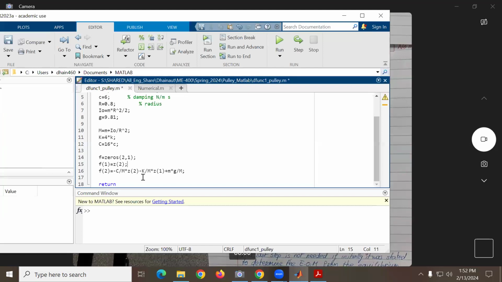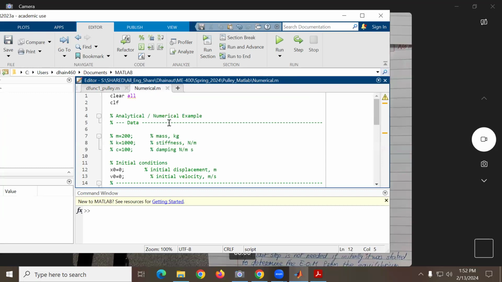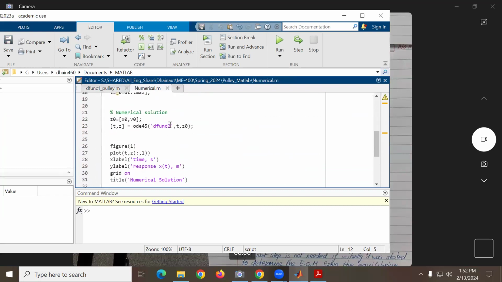So minus C over M, minus K over M, minus mg over M. Okay, so this is DC function 1 pulley. Okay, so hopefully that will work.